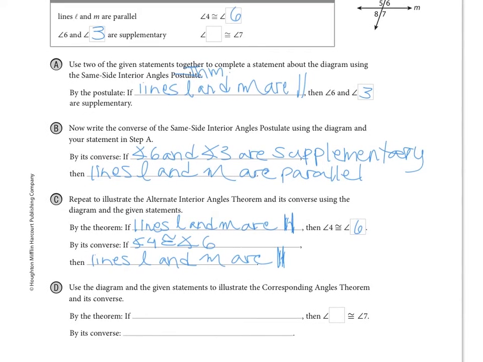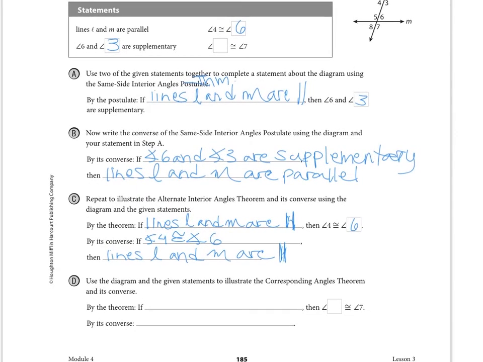So by this theorem, first we're starting with, if the lines L and M are indeed parallel, then angle what is congruent to angle 7?